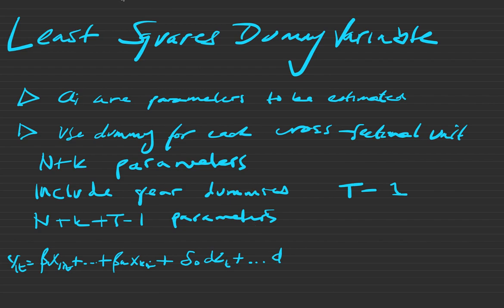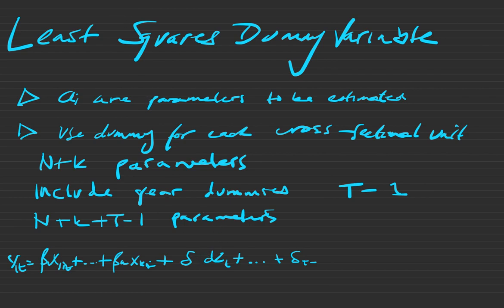delta as our coefficient on the dummy variable. This is delta T minus 1, because we have T minus 1 year dummies, and I guess if we start with 0 it would be T minus 2.